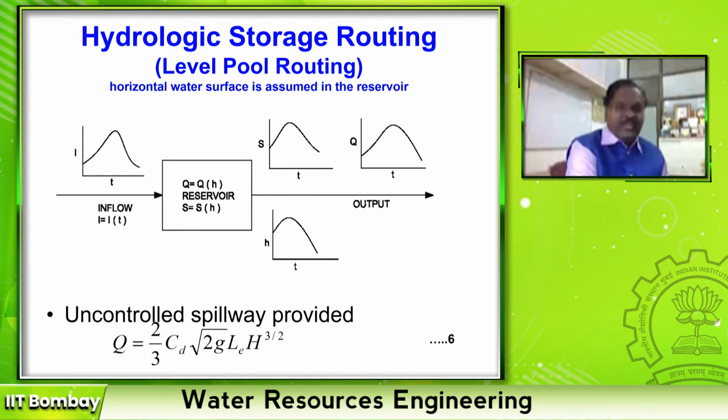Remember this formula: Q is equal to 2 by 3 CD root 2g L H to the power of 3 by 2. It is nothing but the discharge over the weir. Now I am going to ask one theoretical question.